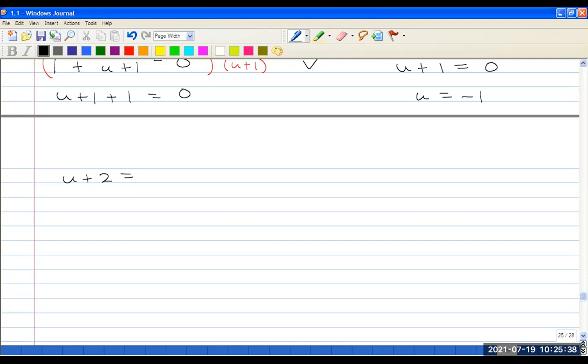So the domain of my function is just the union of the open intervals, -∞ to -2, -2 to -1, -1 to infinity.